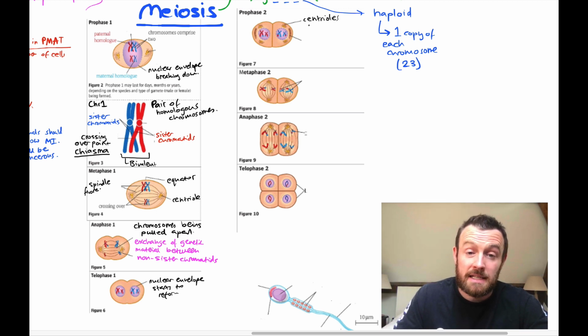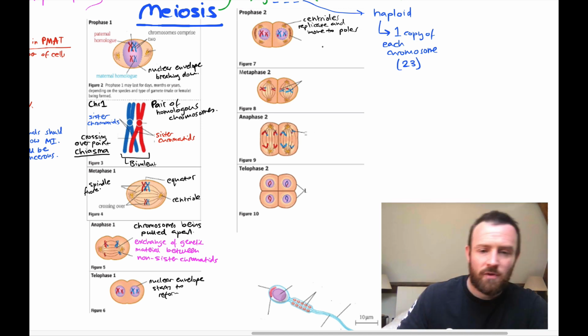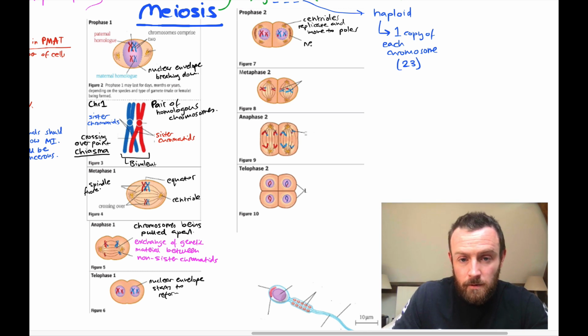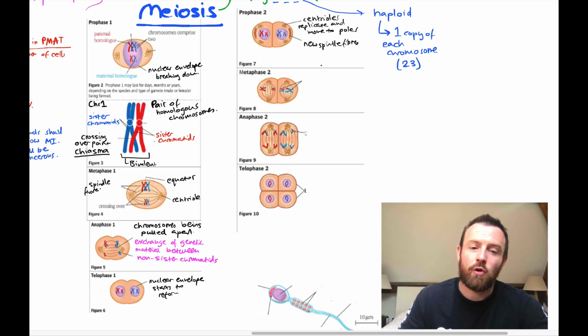They have to replicate and move to the poles again, because they're going to be used again to divide the second time. And we've got new spindle fibers. Now they form at right angles to the direction of the original division.